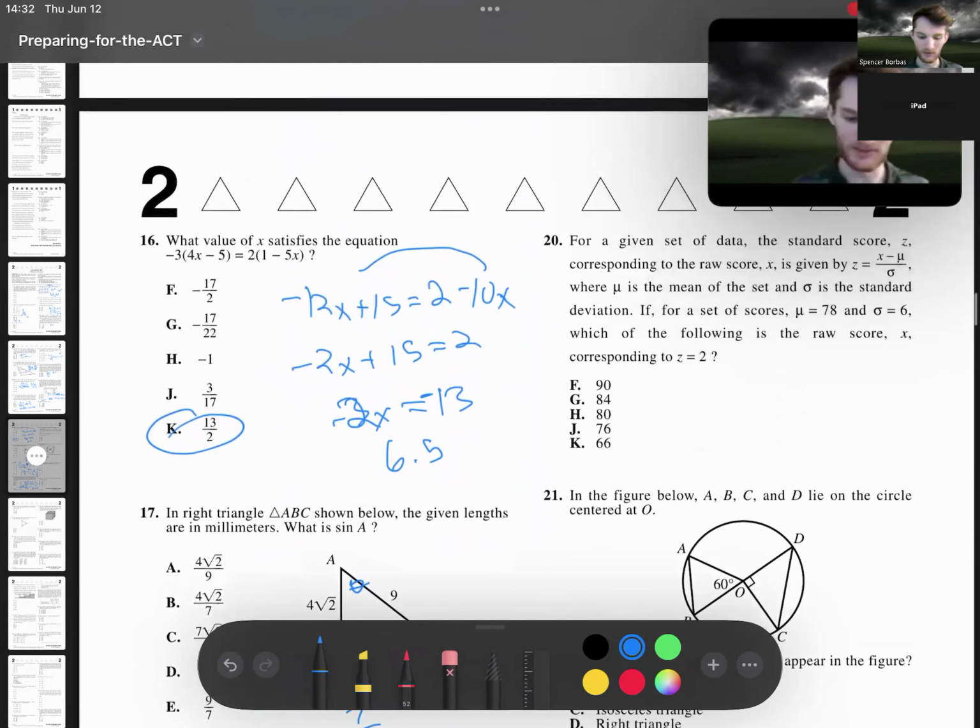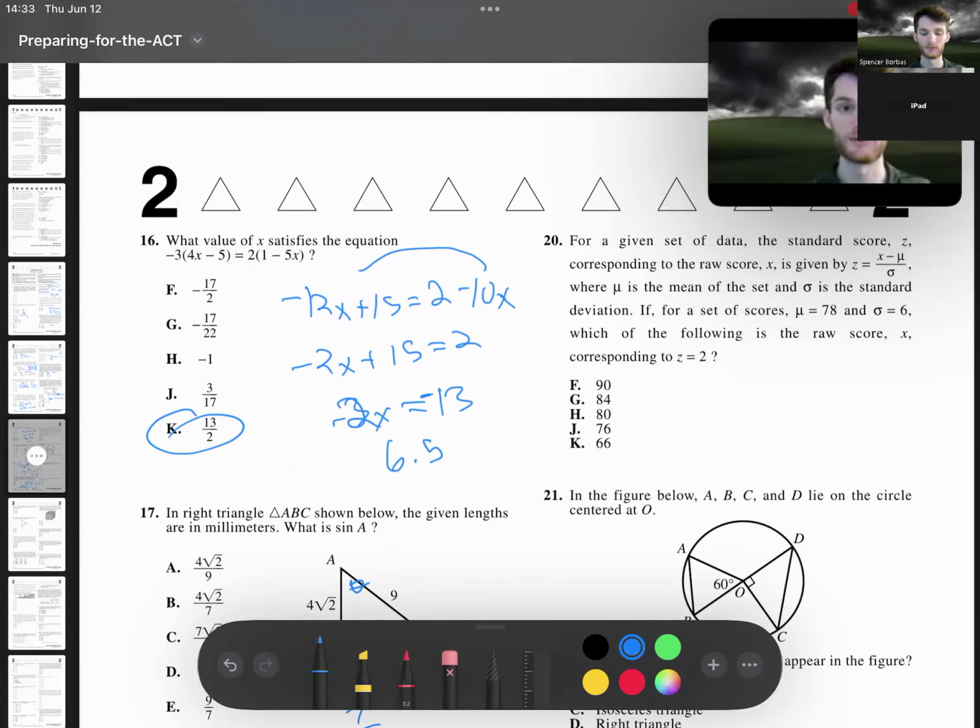All right, 20. For a given set of data, the standard score is C. Wow. Statistics. I didn't take a statistics course until my third year of college. I learned a lot.